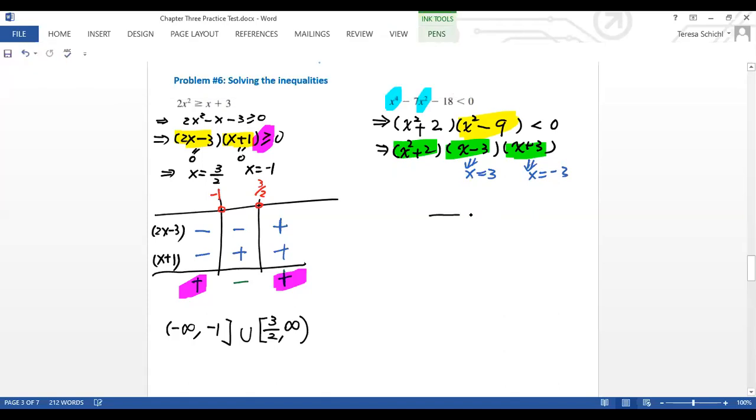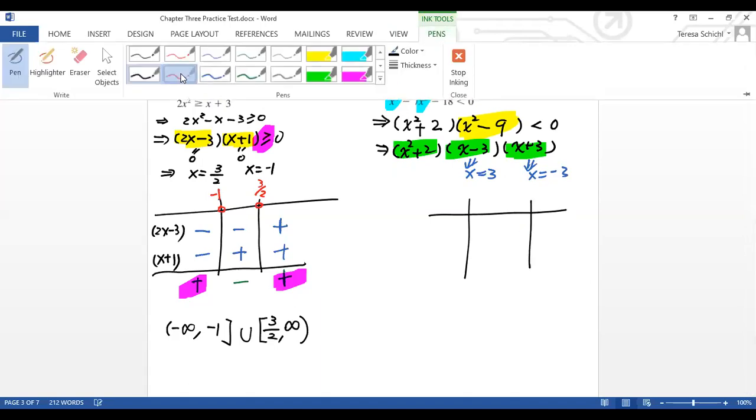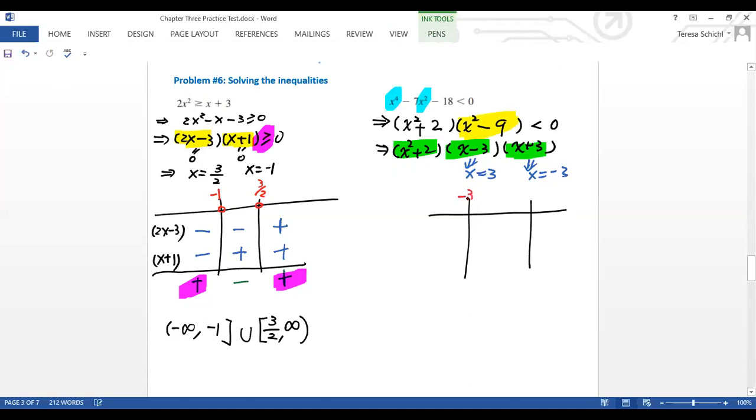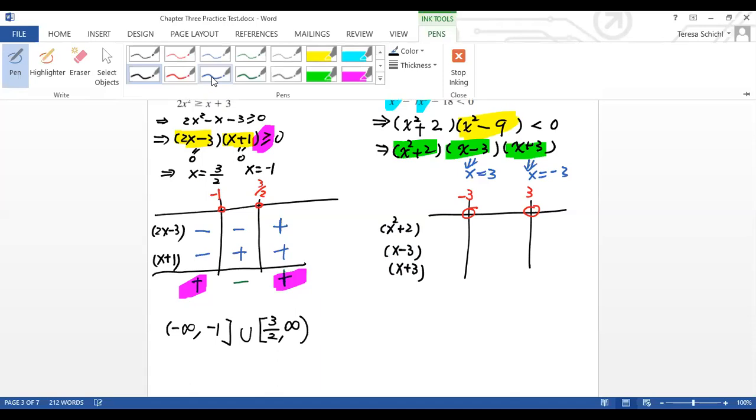Okay, so let's do the same thing here, right? The first number is negative 3, so it's here, and 3 is here. Now let's write out our terms: x squared plus 2, x minus 3, x plus 3. Now let's take a look at negative or positive.